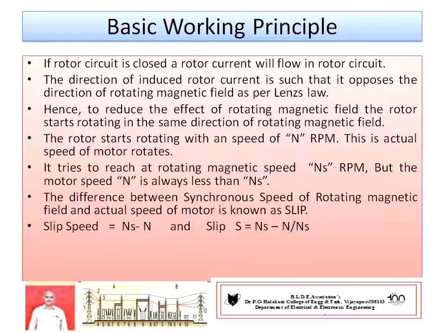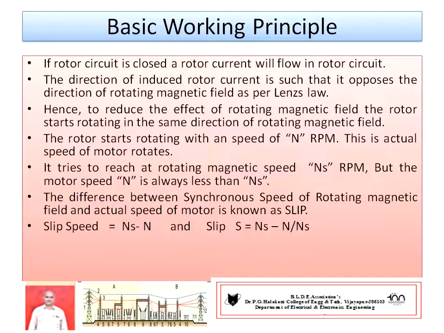What is the cause of the induced EMF in the rotor? The effect of the rotating magnetic field. Hence, to reduce the effect of the rotating magnetic field, the rotor starts rotating with a speed n rpm. This is also called the motor speed because it is physically available.